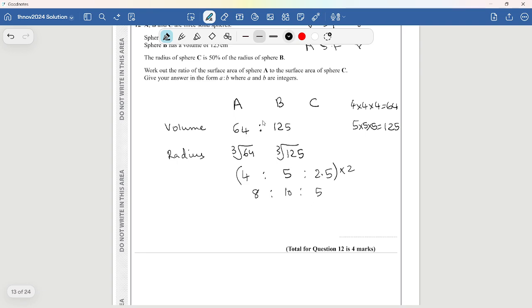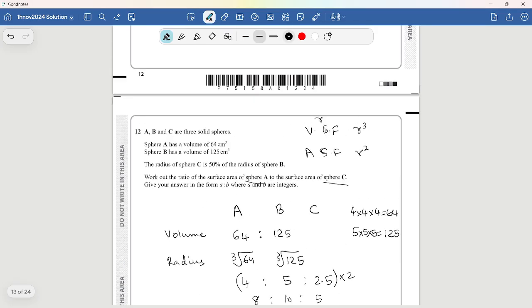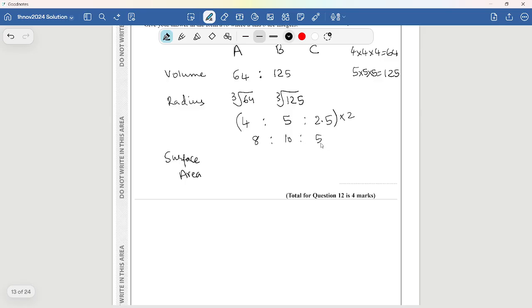From this ratio, you actually have to find the ratio of the surface area of sphere A and sphere C. So we have got the radius, we have to find the surface area. Again, using the scale factor, if you've got the radius, to get the surface area, you use the scale factor like r squared. You just square these terms, okay?